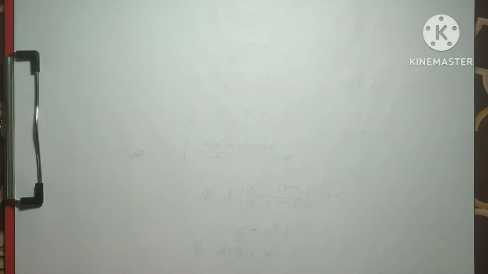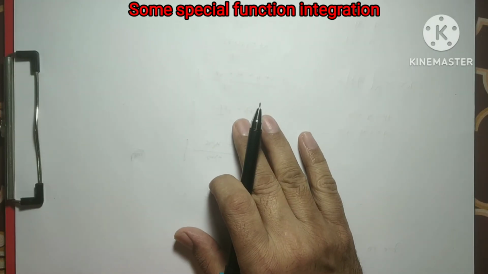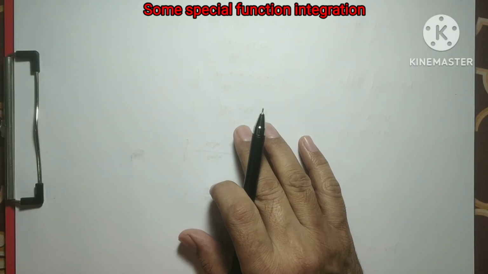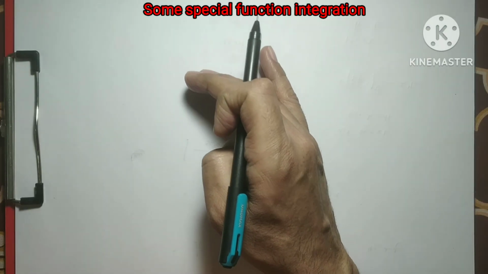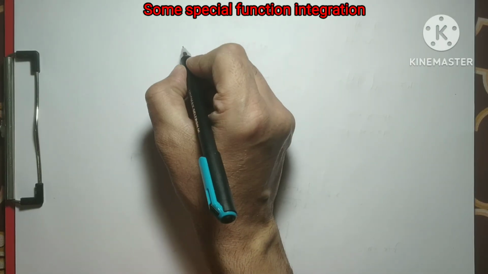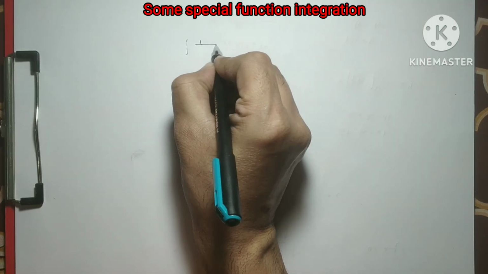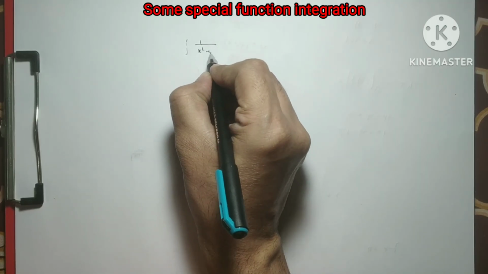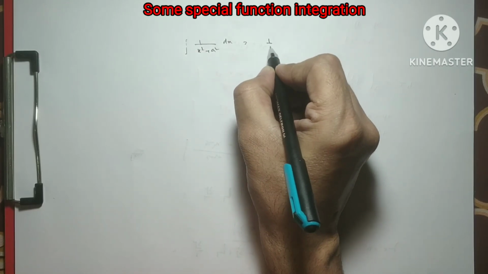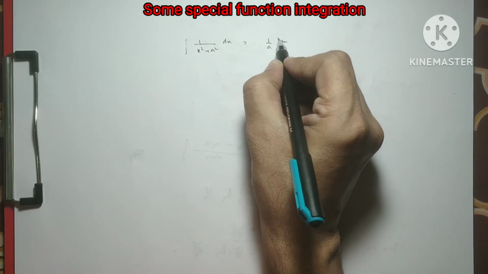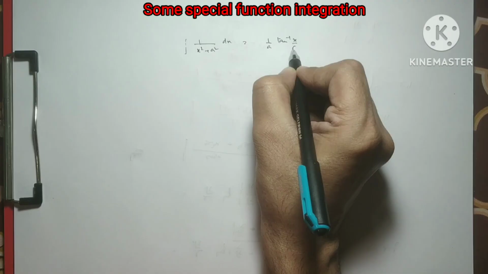Hello guys. So in the series of special integrals, you know all the three formulae. 1 over x square plus a square is 1 over a tan inverse x over a.